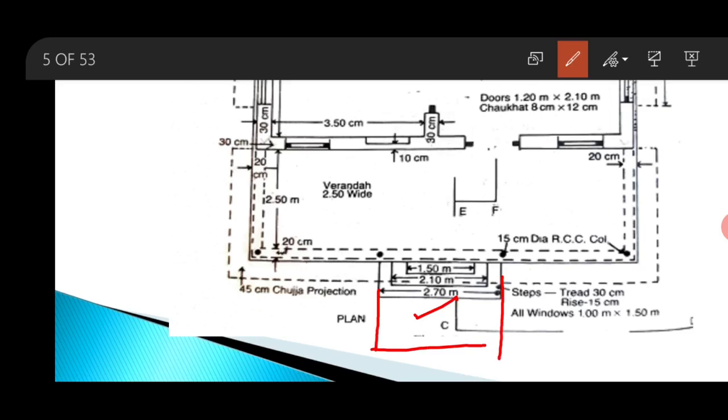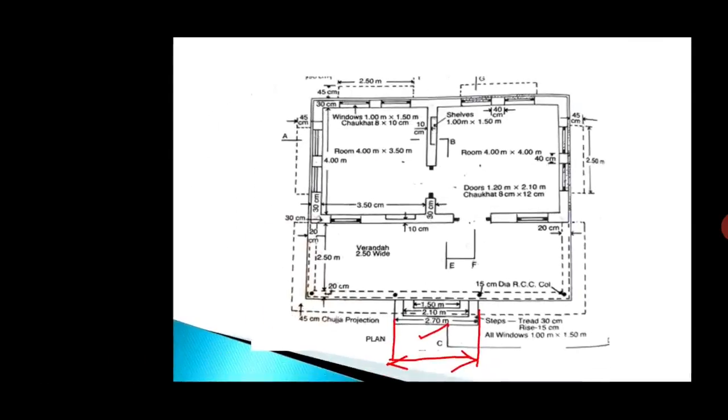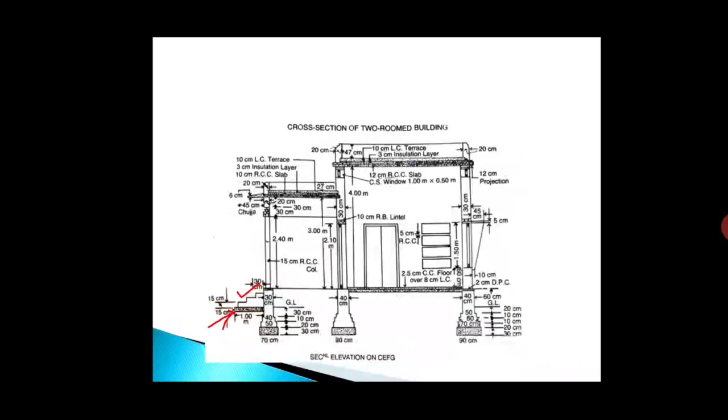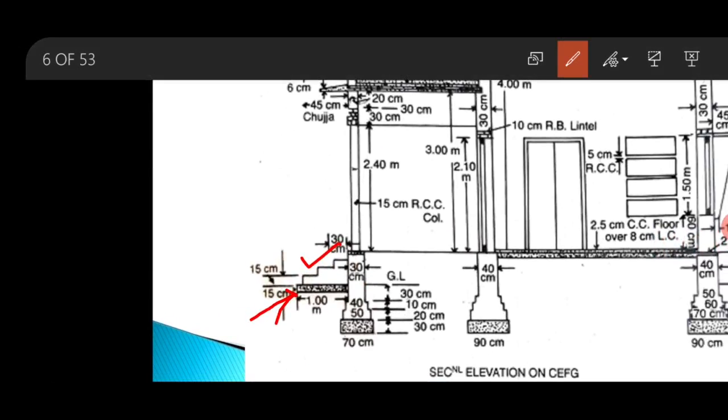This is the length of the first step, that is 2.7 meter. And in the cross section, see here, the width of the step is how much? 1 meter.